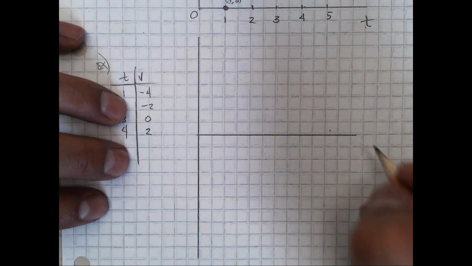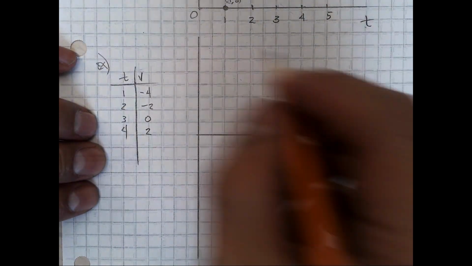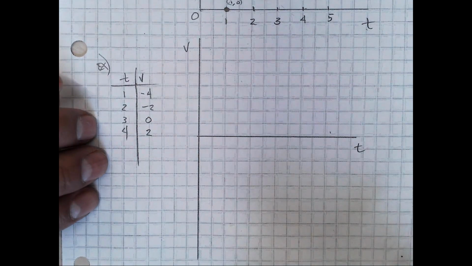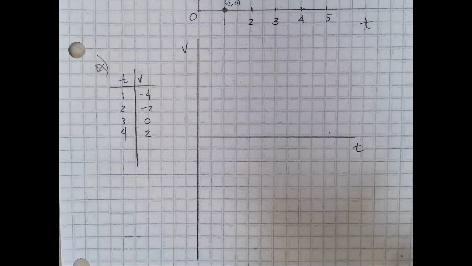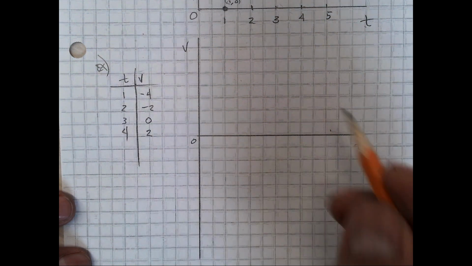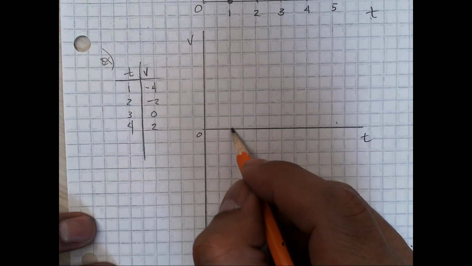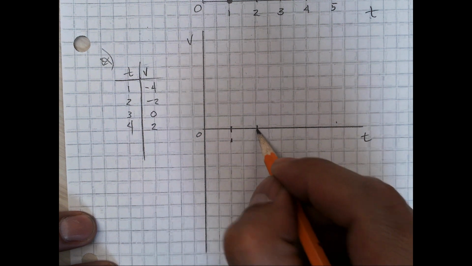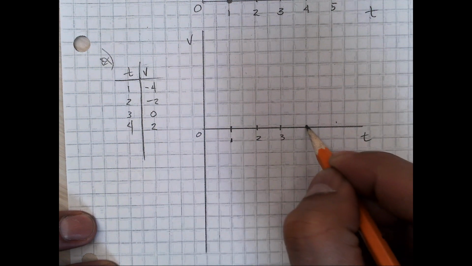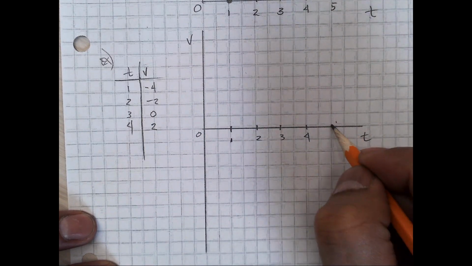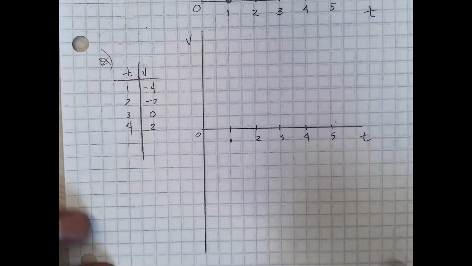Now I'm going to label this my t axis, and this is my v axis, the vertical axis, and this is still my origin, 0. Using the same intervals, I'm just going to use 1, 2, 3, 4, and 5, even though we're not going to use 5.